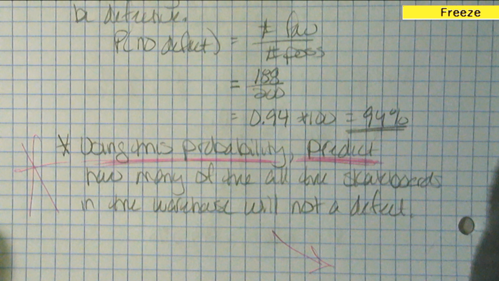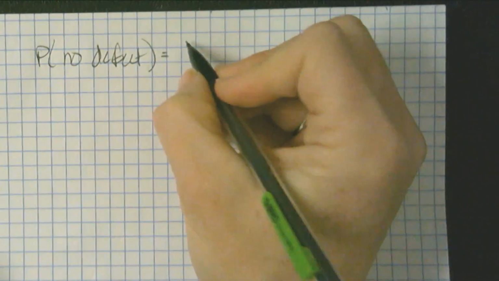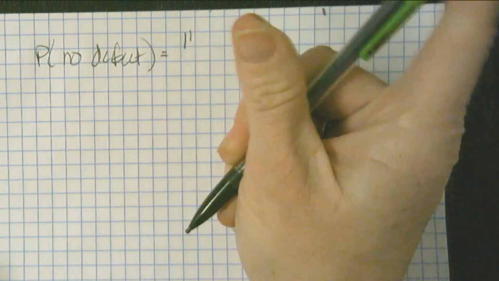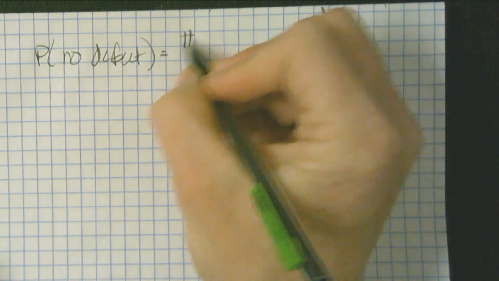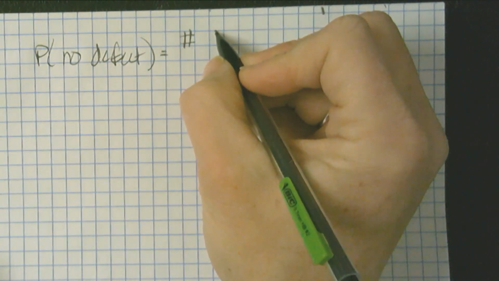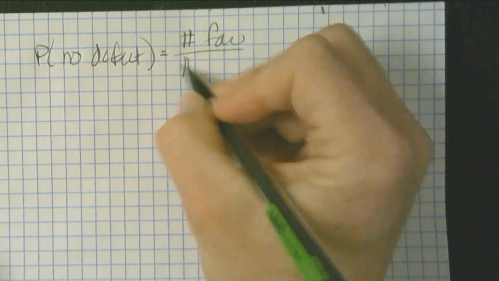What is my formula to find? You're not zooming ahead. I need you with me. Someone tell me what the formula is to find the probability of no defect. Chris? No. Just give me the formula. Probability of no defect equals number of fave over number possible.